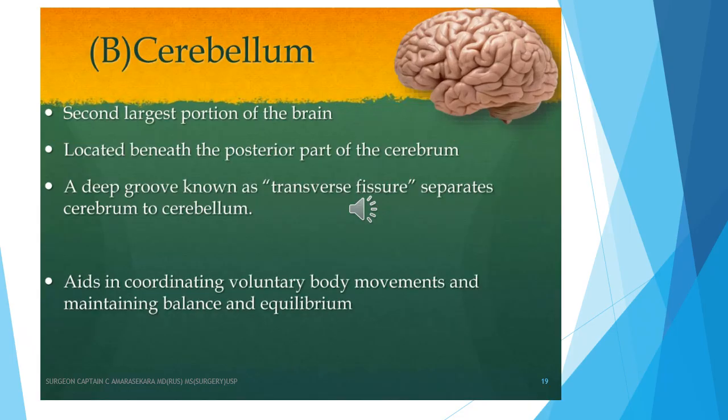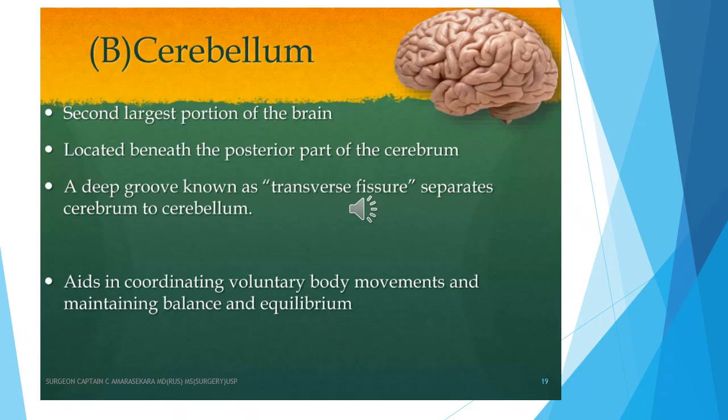Cerebellum, precision, balance, and motor harmony. Now we descend to the cerebellum, the second largest portion of the brain, nestled between the posterior cerebrum and separated by the transverse fissure.